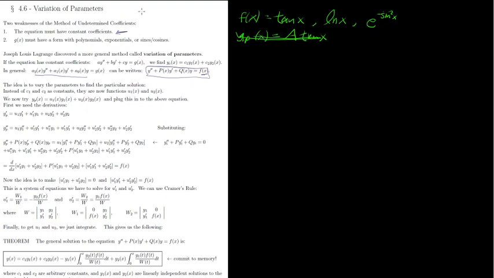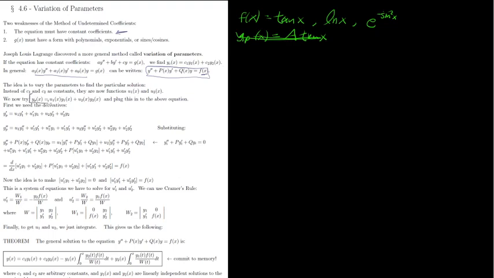All right. So the idea is that whatever this f of x is here, to find our particular solution, we already found the complementary solution. We have the fundamental set of solutions, the y1 and the y2. Now, to form the particular solution, we're going to assume that it's something of this form right here.